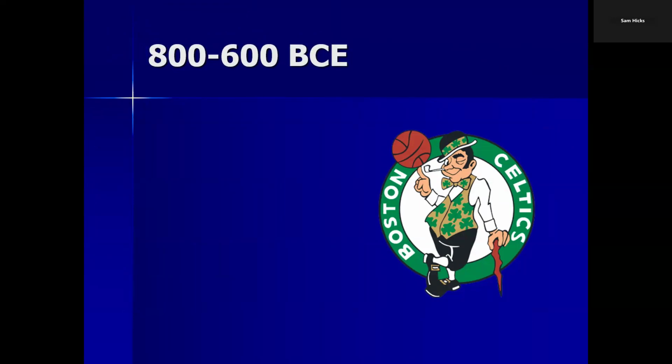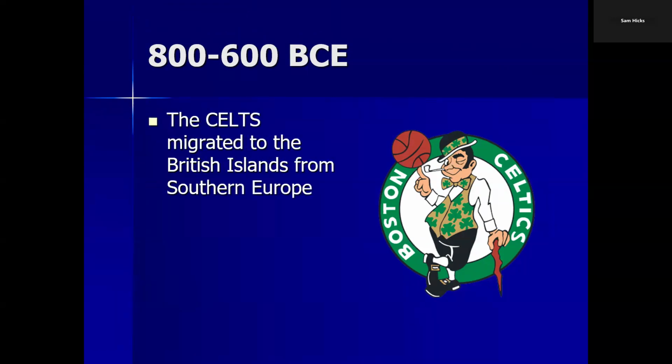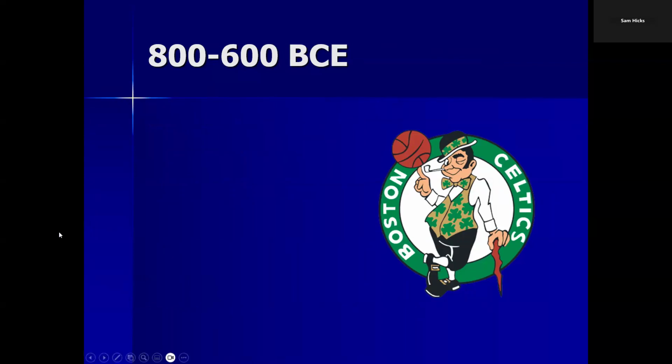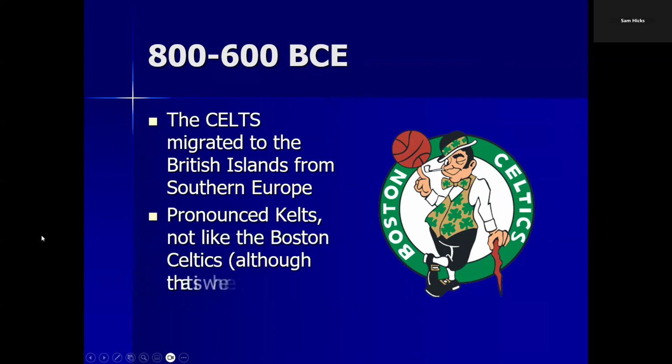All right, so let's get into how English came to be. After that, between 800 and 600 BC, the Celts moved down. They migrated to the British Islands. And it is Celts, not Celtics.